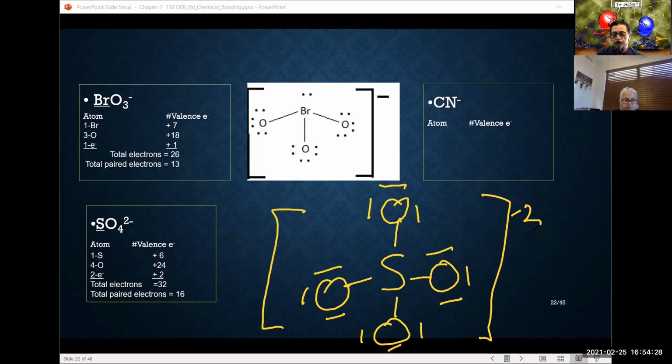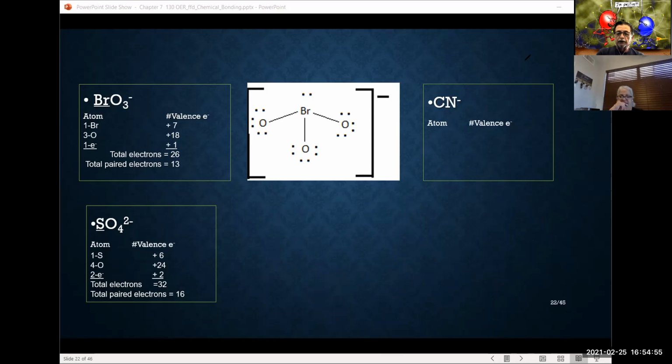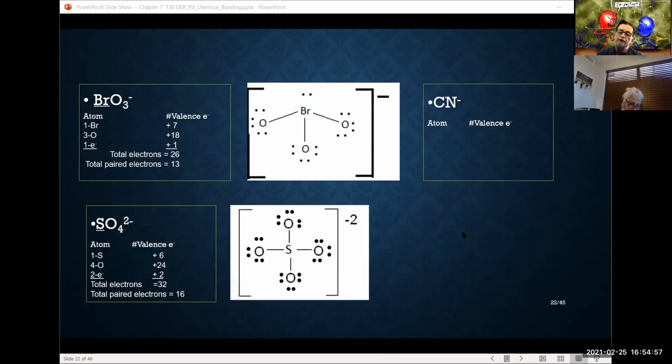Now I look at my general formula. Guess what? AB4. And if I look that up in the shapes table, that polyatomic ion has an AB4 general formula, or tetrahedral, with the bond angles all around at 109.5. Okay. And so let me clear this and bring in a better picture. There it is. Note the bracket.